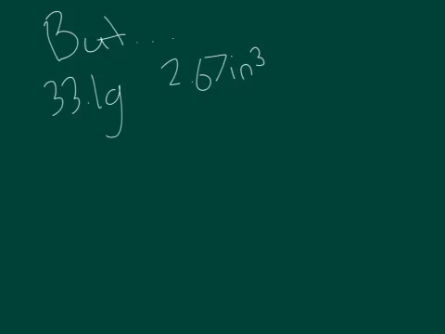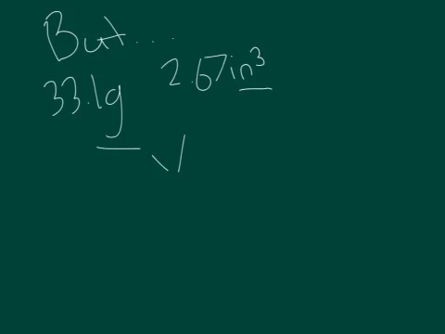Now there is a problem with this. If you notice, this is in grams and this is in inches, which are two different systems of measurement. So in order to actually be able to calculate density, Hulk has to change one of these so that they are both part of the same unit of measurement.